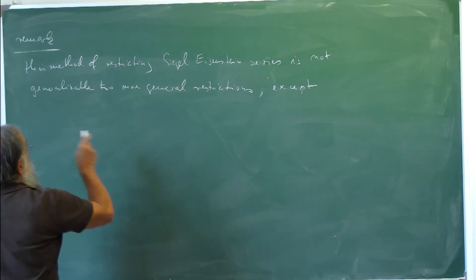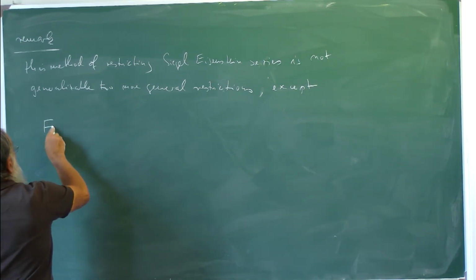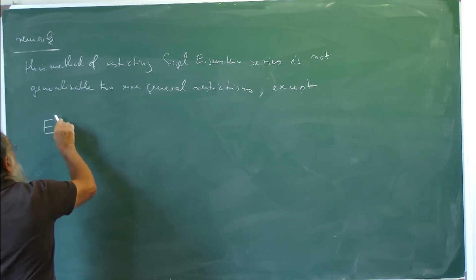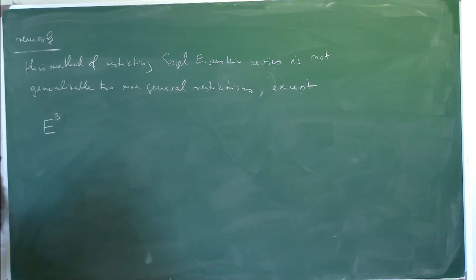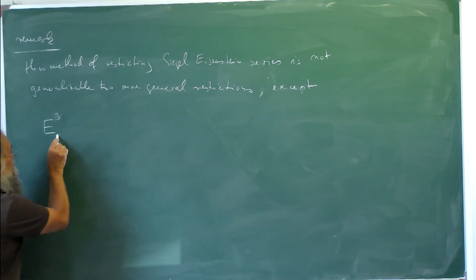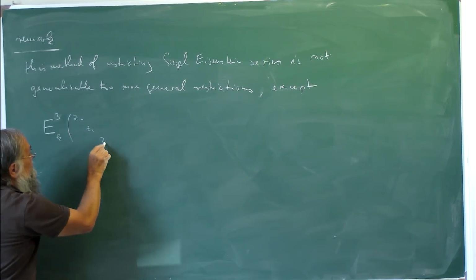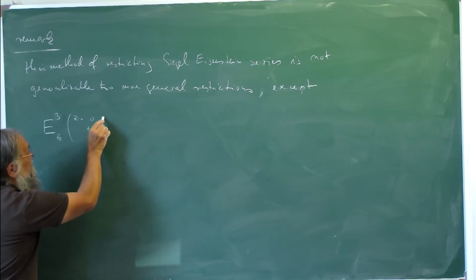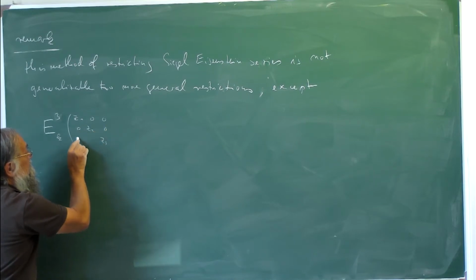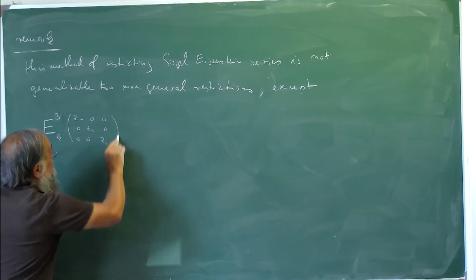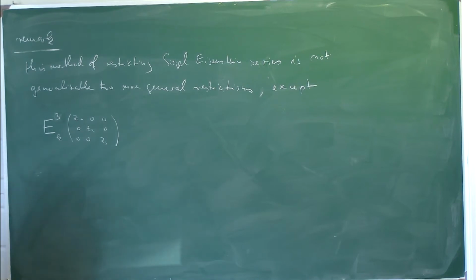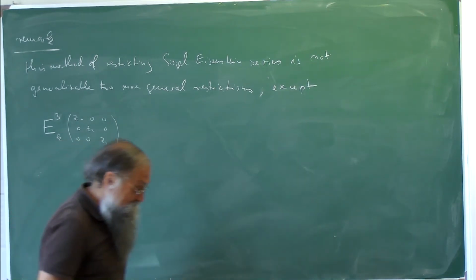The only exception is if you take degree 3 Eisenstein series and you take here Z1, Z2, Z3. This works. Here you can do something.